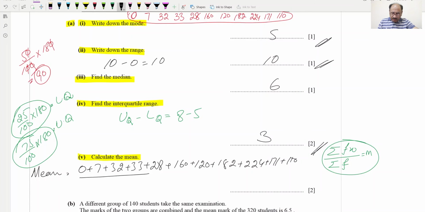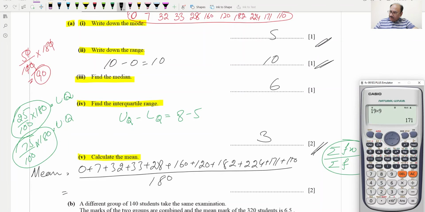Now we divide this by sigma f, which is 180. We will add the numerator separately because it is a lengthy calculation: 7 plus 32 plus 33 plus 28 plus 160 plus 120 plus 182 plus 224 plus 171 plus 110, and this results in 1067.